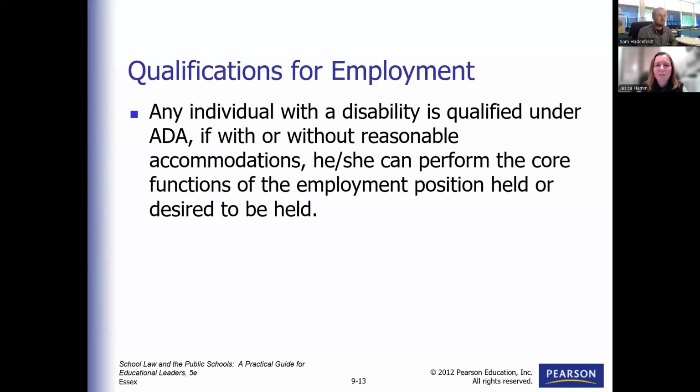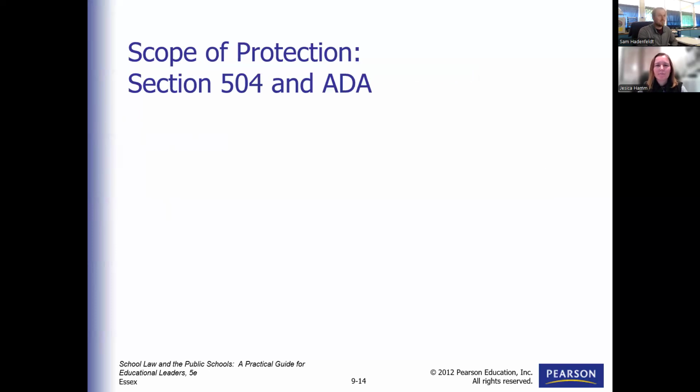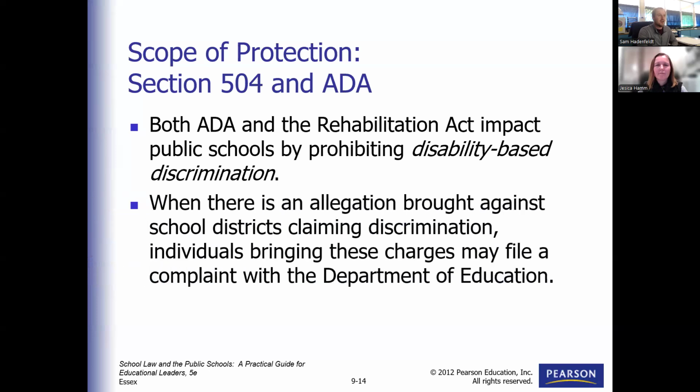So, qualifications for employment. Any individual with a disability is qualified under ADA if, with or without reasonable accommodations, he or she can perform the core functions of the employment position held or desired to be held. Scope and protection, Section 504 and ADA.